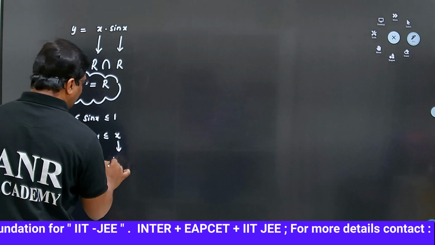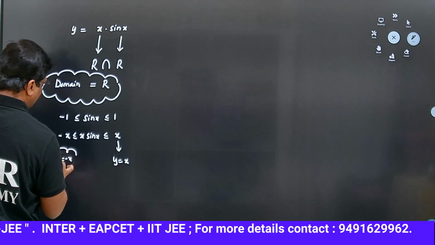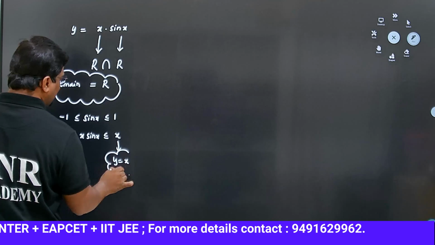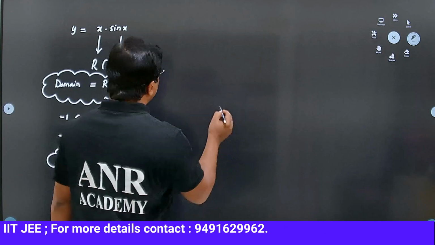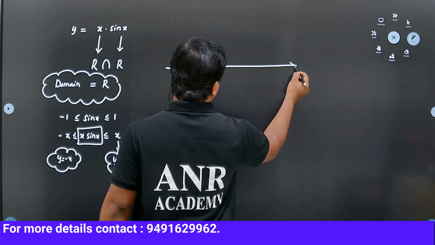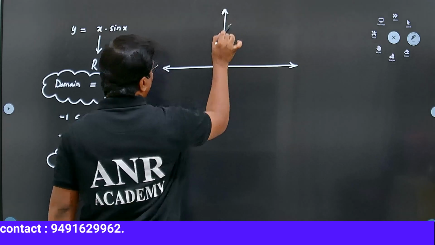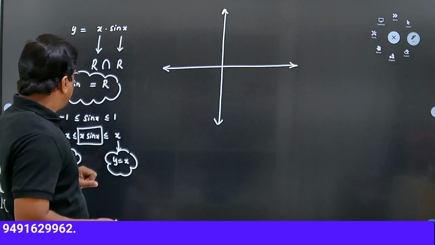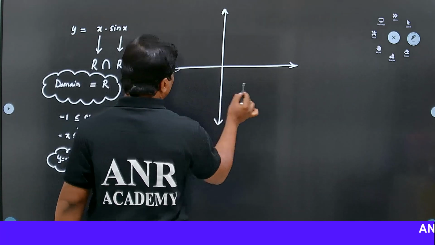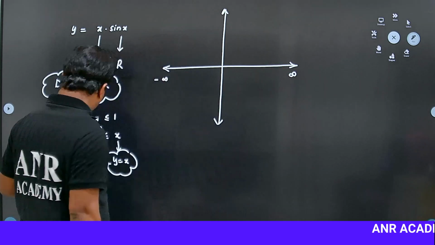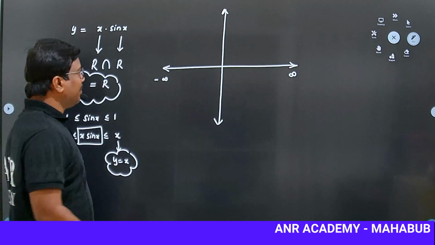So y equal to minus x is the minimum and y equal to x is the maximum for the given function x sin x. Yes, let us see the graph. X sin x, whose domain is R, the set of all real values from minus infinity to infinity, and it is decided that the graph exists between the two graphs y equal to x and y equal to minus x.